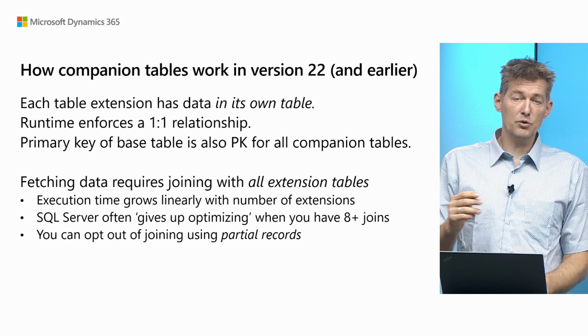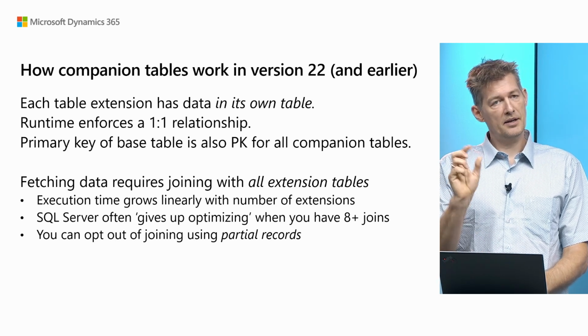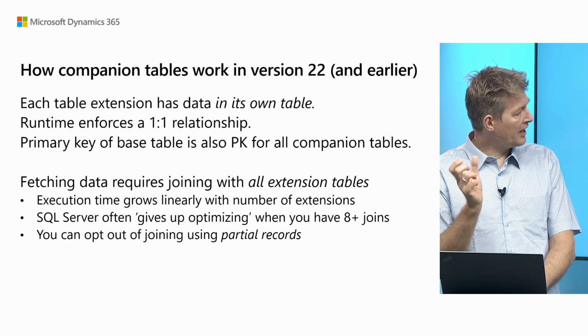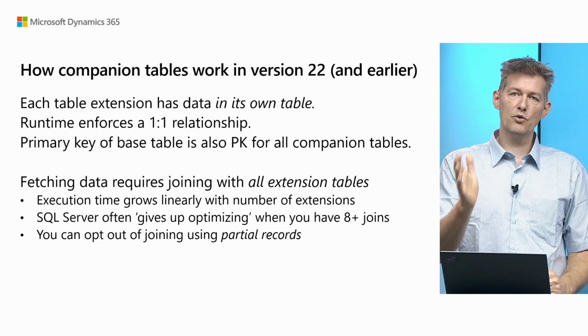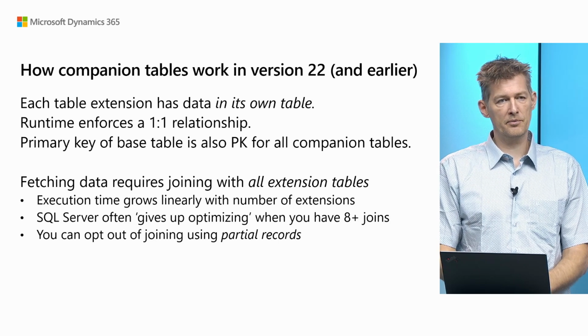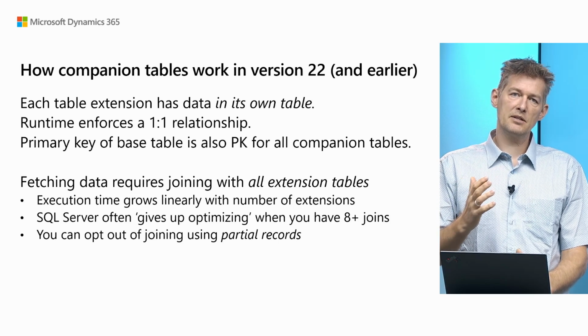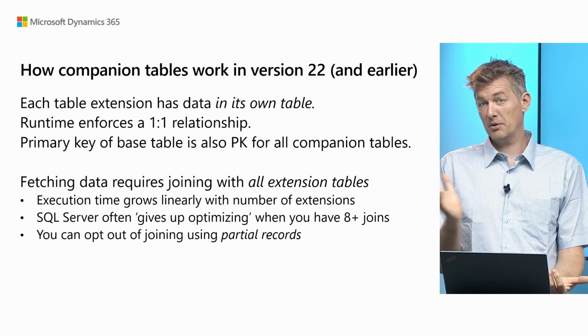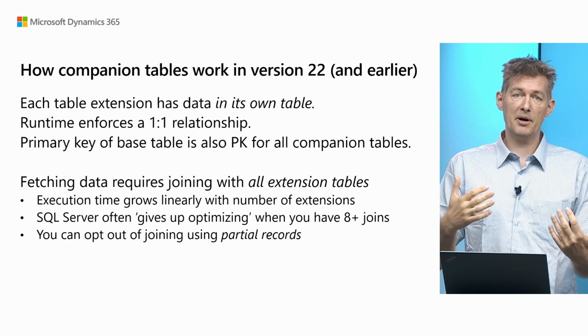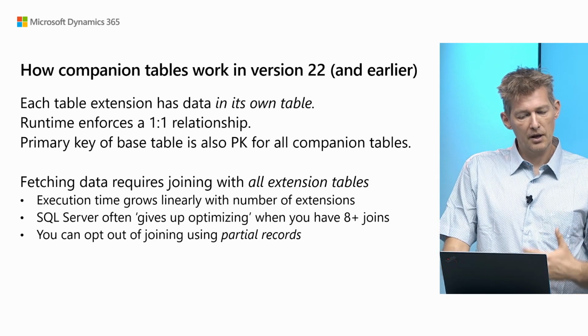And the SQL Server Query Optimizer has a hidden limit around 7 or 8 joins, where it will stop optimizing and simply use one join algorithm. And that means once you get past that step, you might have suboptimal plans, but there's nothing really you can do about it, or we can do about it.